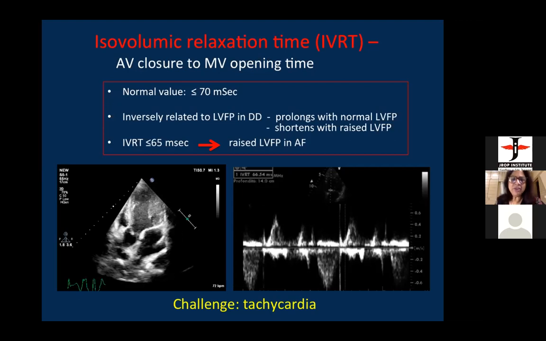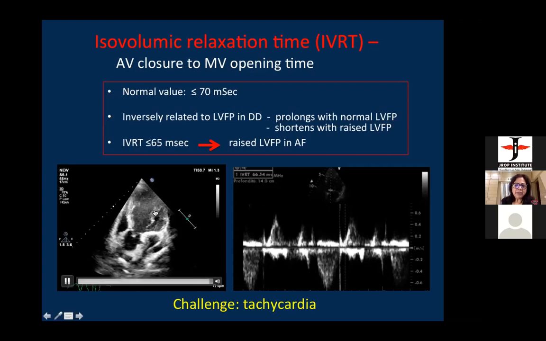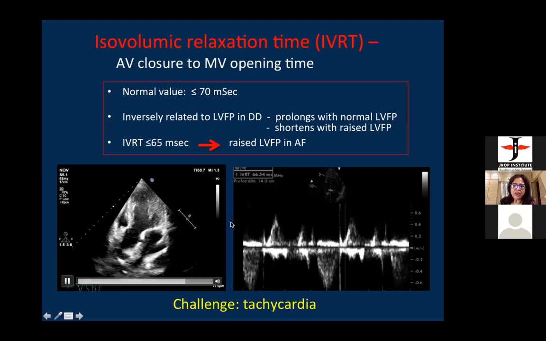Now, in the advanced stage of diastolic dysfunction, such as grade 3, what happens? The LV is non-compliant and LV filling pressure is high. The LA pressure is very high in the advanced stage, so it opens up the mitral valve very quickly.